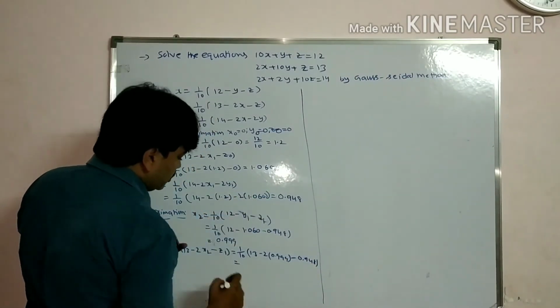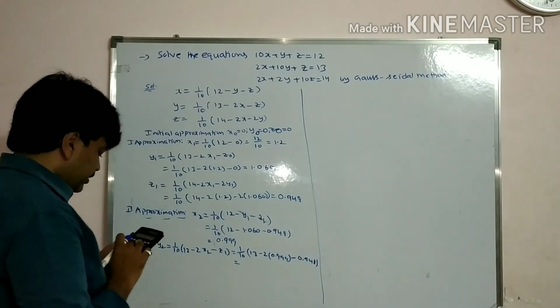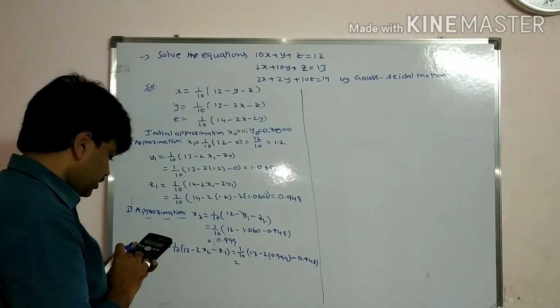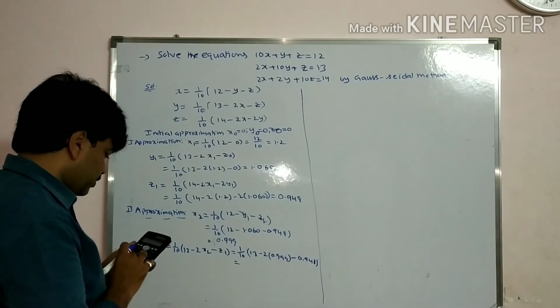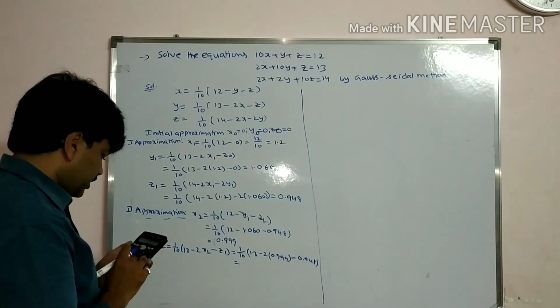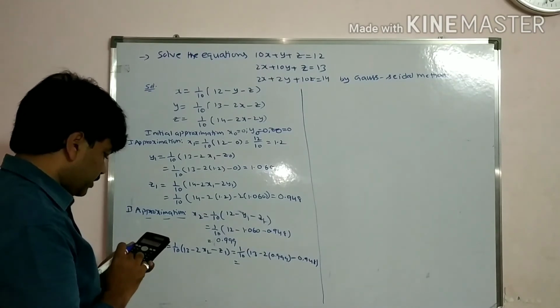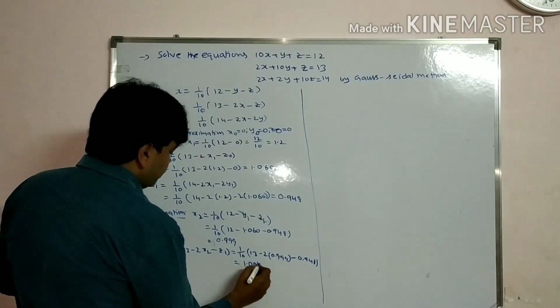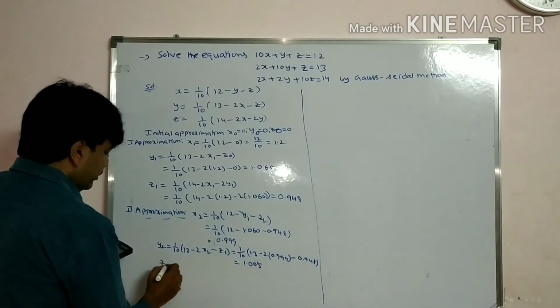So that is equal to bracket 13 minus 2 into 0.999 minus 0.948 bracket close divided by 10. That is equal to 1.005.